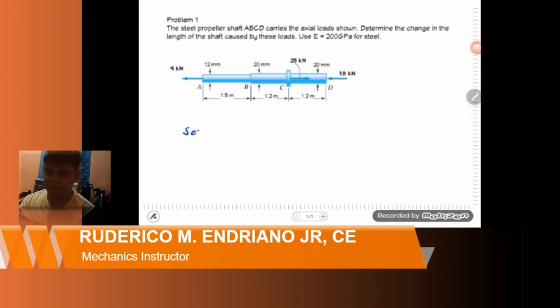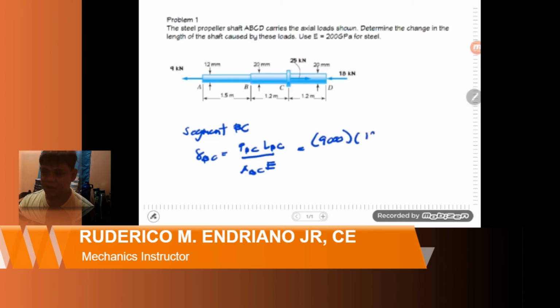Next, we compute the change in length at segment BC. Using the same formula, P_BC is also equal to 9,000 Newton, but the length now is only 1,200 millimeters.